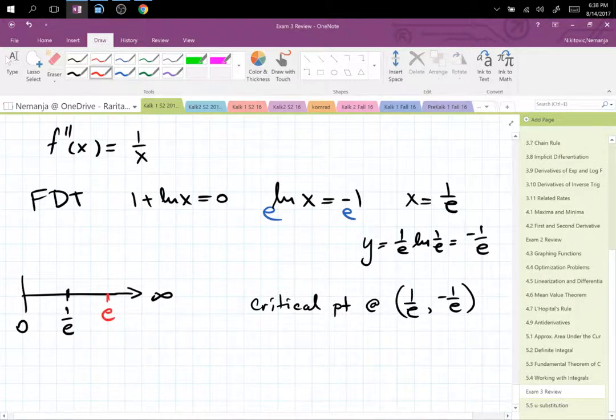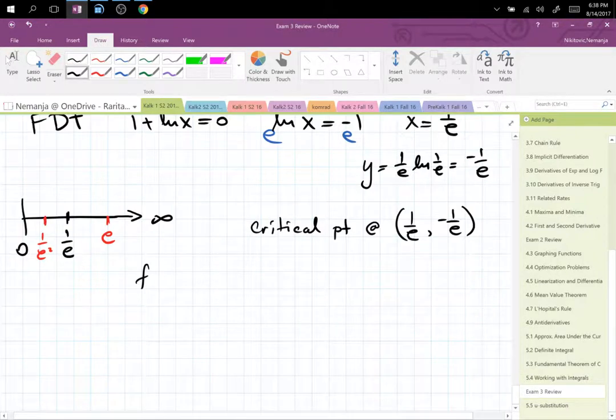So I'm going to pick e, and I'm going to pick 1 over e squared, because if I make the denominator bigger, the fraction gets smaller. So 1 over e is the critical point. I'm going to pick 1 over e squared, because, as I said, it's easy to compute.